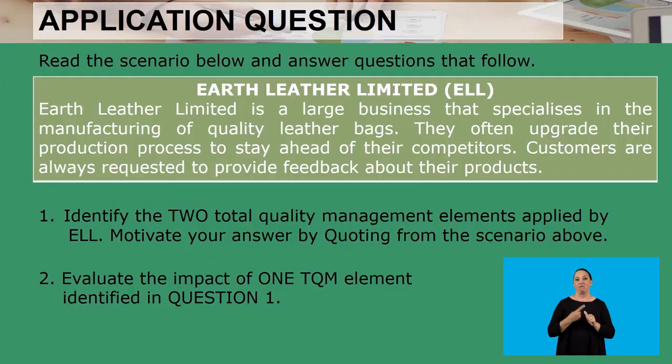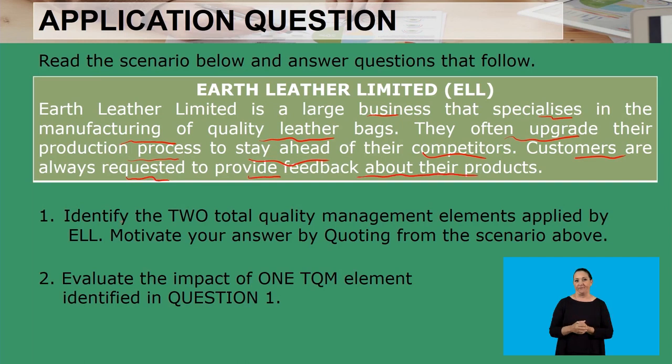Now read the scenario below and answer the questions that follow. You have Earth Leather Limited. Earth Leather Limited is a large business that specializes in the manufacturing of quality leather bags. They often upgrade their production processes to stay ahead of their competitors. Customers are always requested to provide feedback about their products.